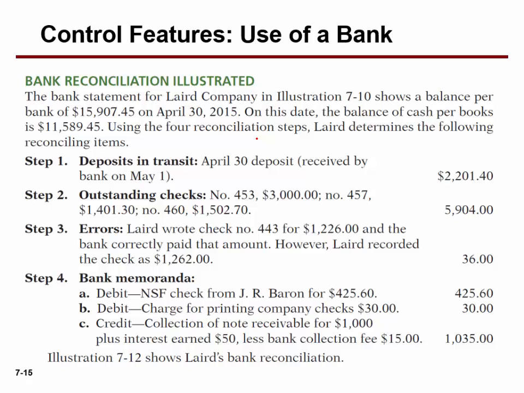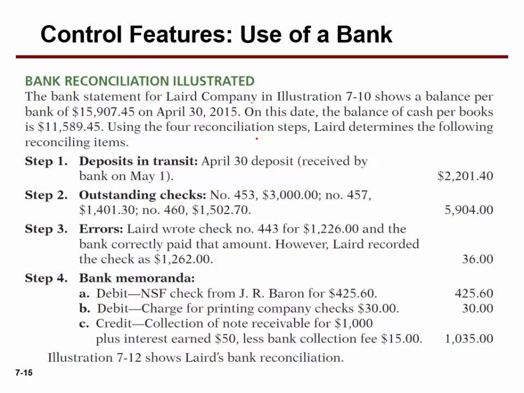Does the bank know about that? So we have to add that to the cash balance to get the correct April 30th cash balance, right? Okay, good. Then we have these outstanding checks, which are checks that we had written by April 30th, but they hadn't cleared the bank until sometime after. They have to go to whoever we're paying them to.